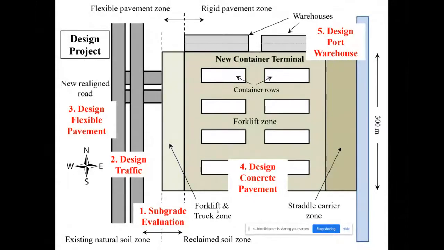We construct the new container port on the reclaimed soil, and we also have one existing natural soil, and the access road is on that soil. So the aim is to determine the value of CBR, the California bearing ratio, for the soil, because most of the charts that we are going to use are based on CBR, which represents the strengths of the material, the strengths of the subgrade.